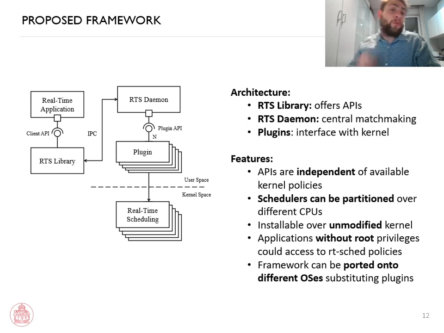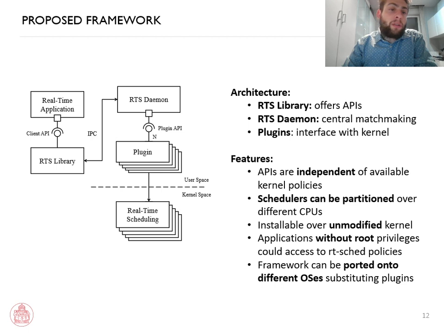Okay, how to achieve this goal? The proposed framework in practice adopts a modular architecture. A set of plugins are used to translate the attributes declared by each application to proper kernel configuration.